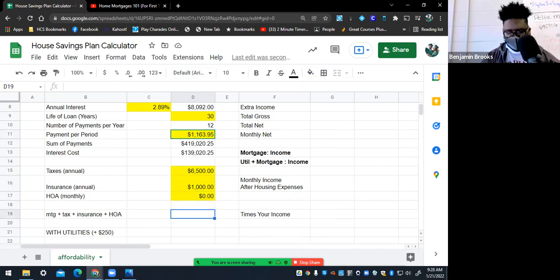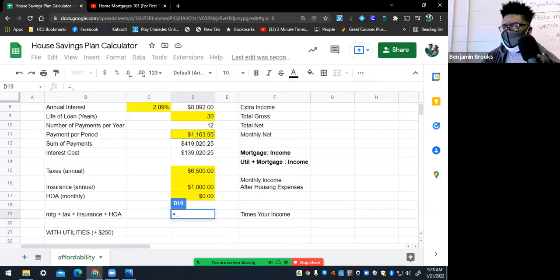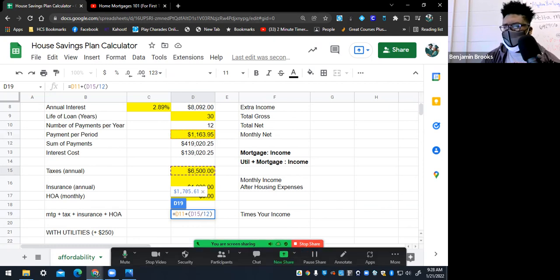So we're going to hit equals, hit this D11, plus we're going to take our taxes and divide by 12.